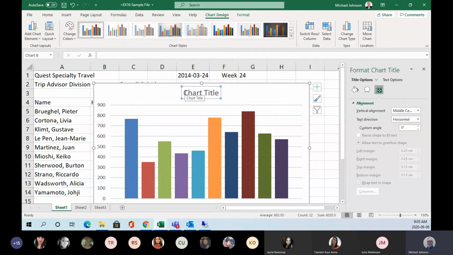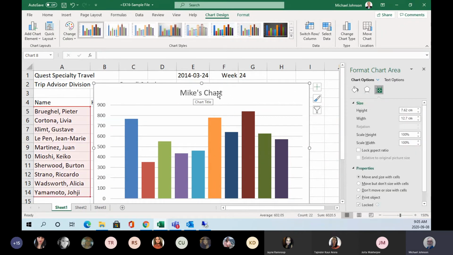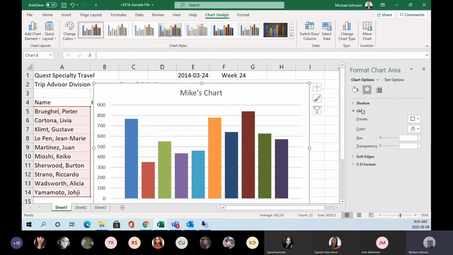So I'm just going to simply put in, once again, Mike's chart. And we'll just delete that title. Whoops. There you go. So now I have Mike's chart and it's in there. And of course, if I wanted to, I could then change some of the coloration to it as well.